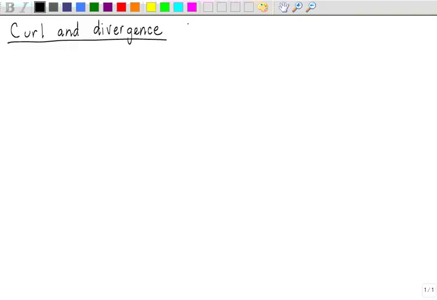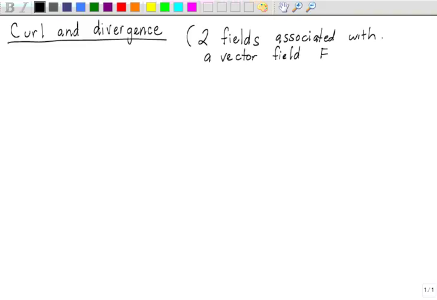So these give us two different fields associated with a vector field, capital F.